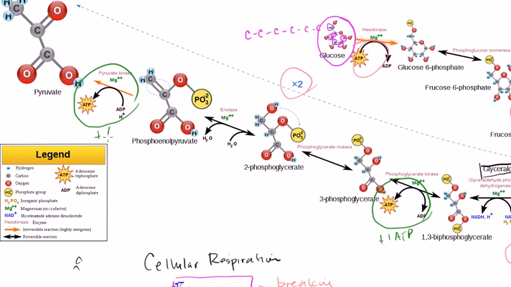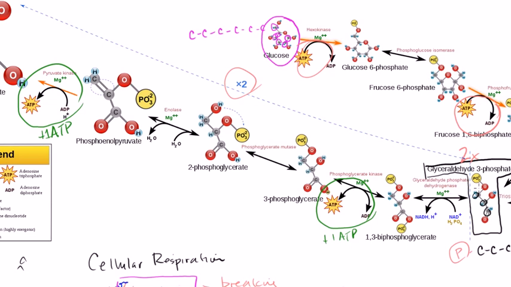Right there. Then we have another plus 1 ATP. So for each of the PGALs that were produced, we're producing 2 ATPs in the payoff phase. Now there were 2 of these, so total for 1 glucose, we're going to produce 4 ATPs in the payoff phase. So in the payoff phase, 4 ATPs.